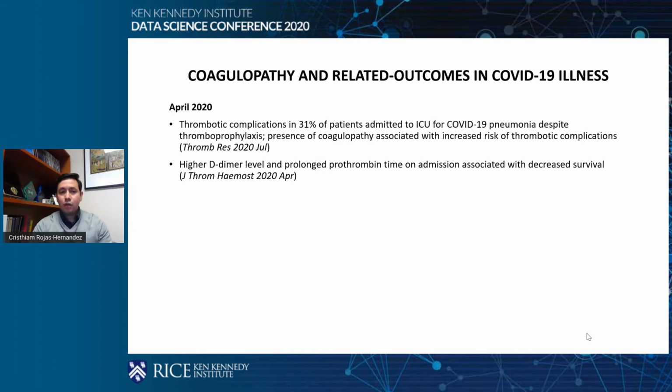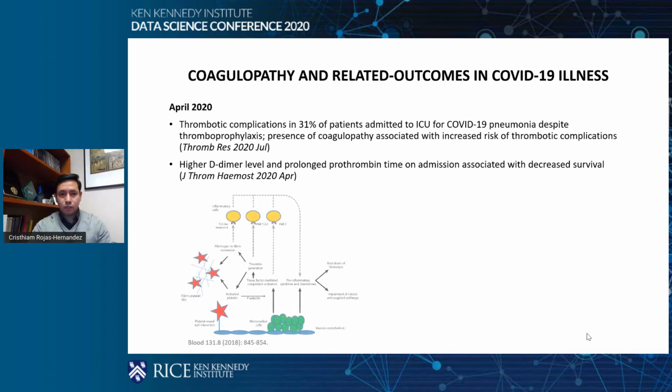And initial observations also pointed out that elevated biomarkers, such as the D-dimer and the prothrombin time, were associated with decreased survival of these patients.